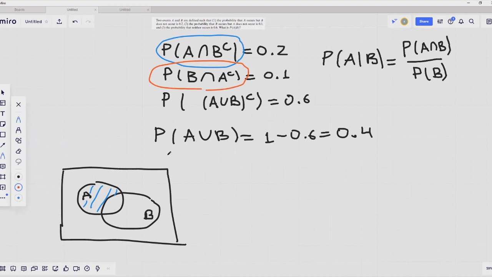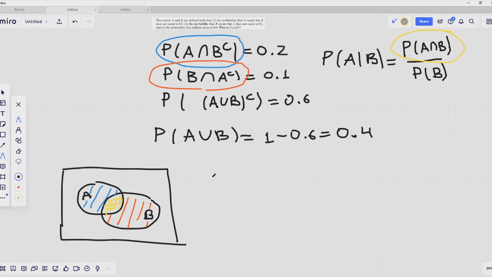B intersection with A complement is everything inside of B except its intersection with A. And let's color in yellow their intersection here.